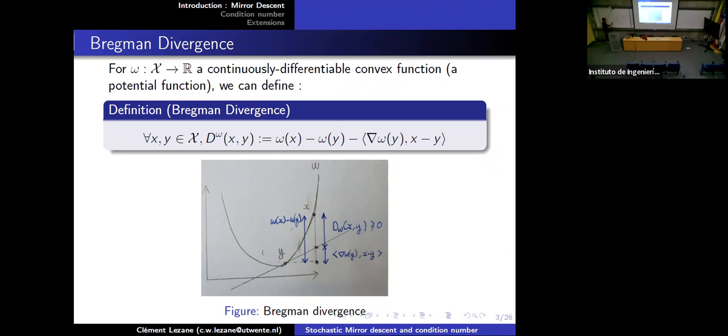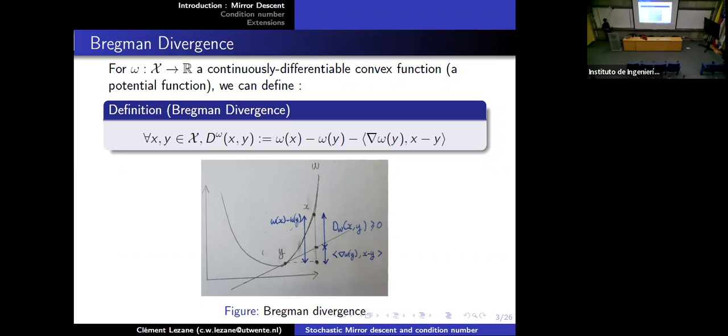Here in this graph we are really in a standard case, for instance where omega is the Euclidean norm, and in that case the Bregman divergence of x, y is going to be x minus y squared.